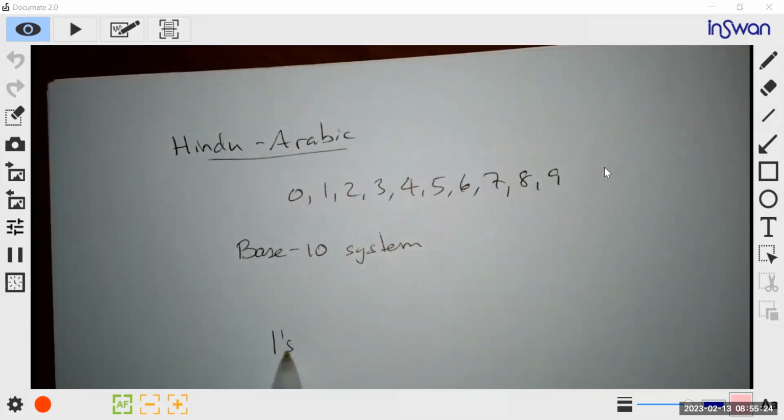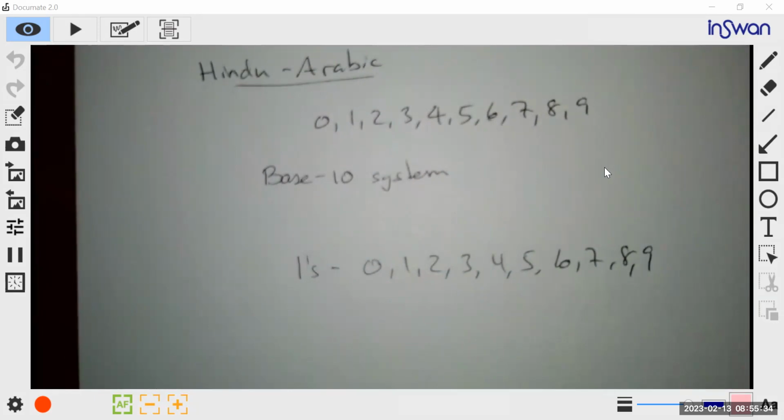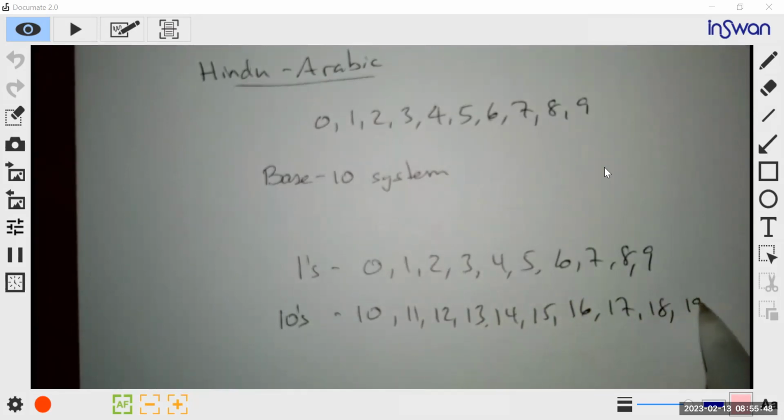Here are the ones. 0, 1, 2, 3, 4, 5, 6, 7, 8, 9. After 9 comes what? 10. So this is the tens. 10, 11, 12, 13, 14, 15, 16, 17, 18, 19.